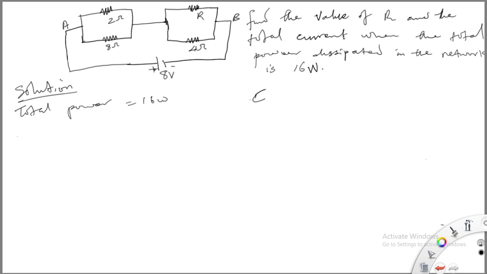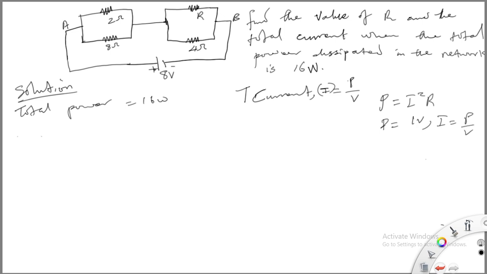So total current, let's say T current, I, will be equal to P over V, where you know power is I squared R, and power similarly can be IV, and from power equals IV we can say I is equal to P over V. This is where we got this.